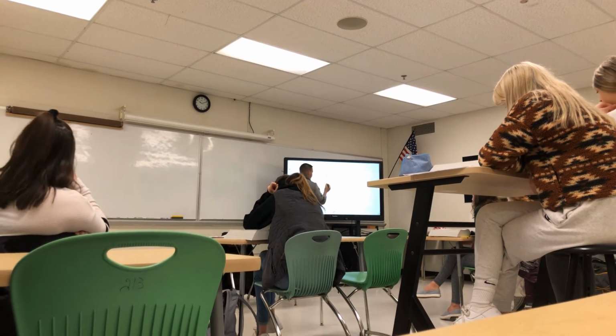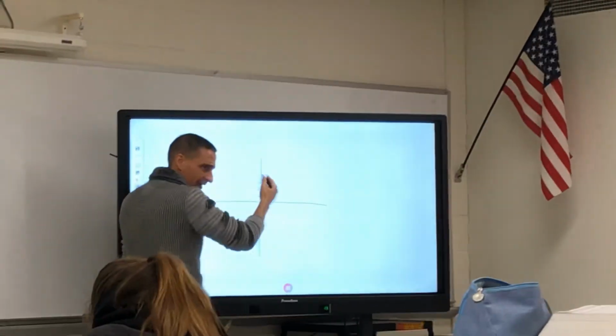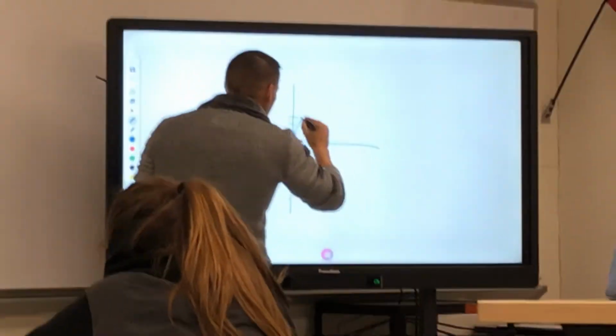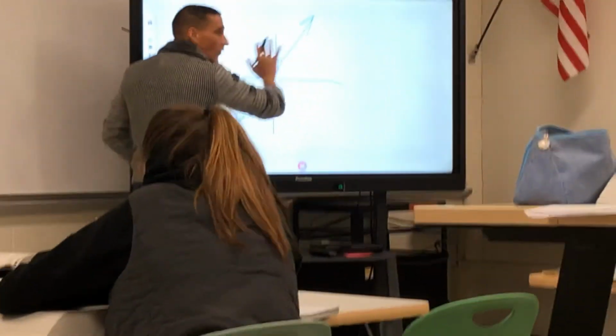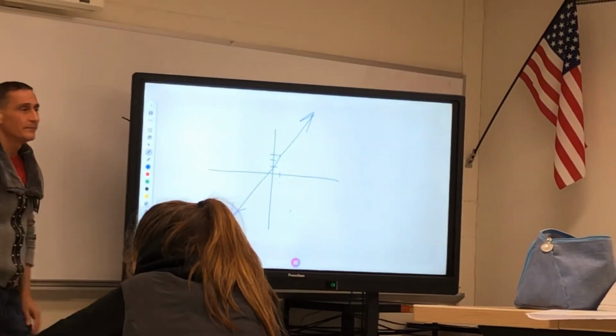So here's my y-intercept. There's one point on my line, and then it's a rise of 2 and a run of 1. There's another point. And so here's a sketch of my line. I already know, since it has to be greater, this line has already eliminated quadrant 4, which cannot be a part of the system.